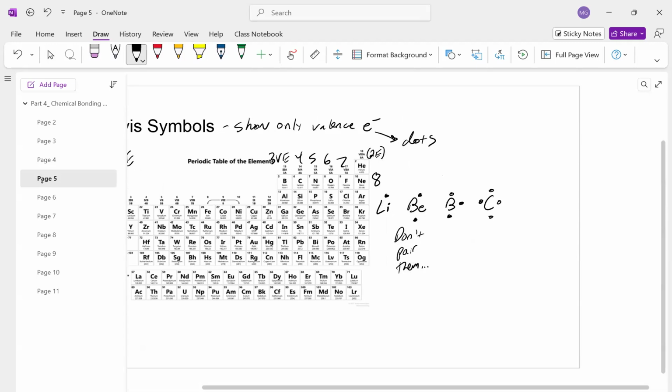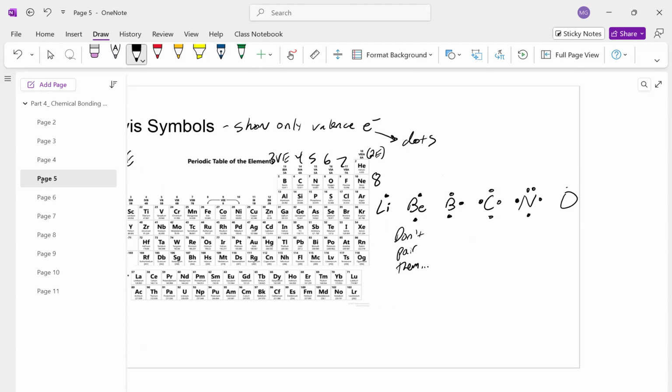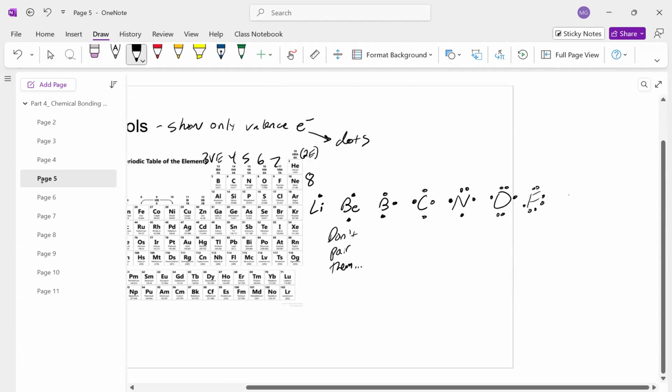Again, I'm going to try to avoid pairing them up until I have to, like with nitrogen. Now I have to start pairing them up. Then oxygen, and then fluorine, and then finally neon with eight valence electrons.